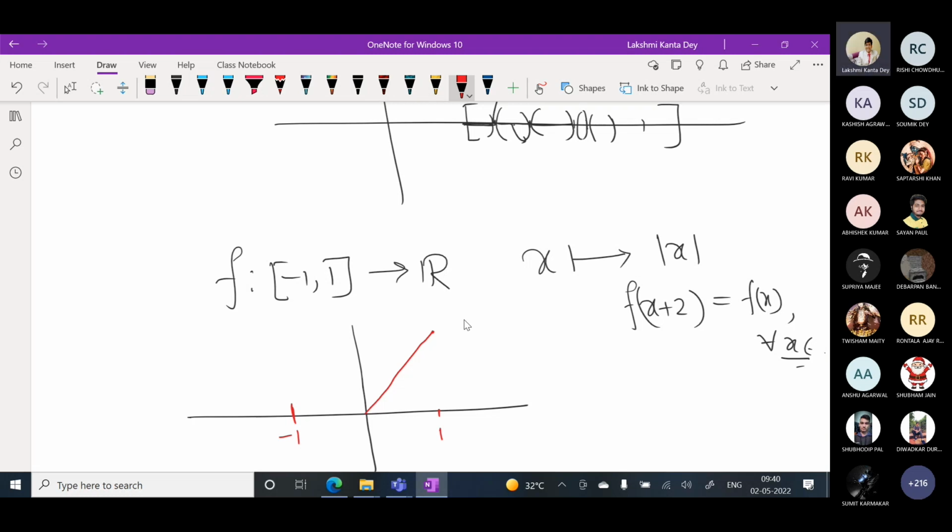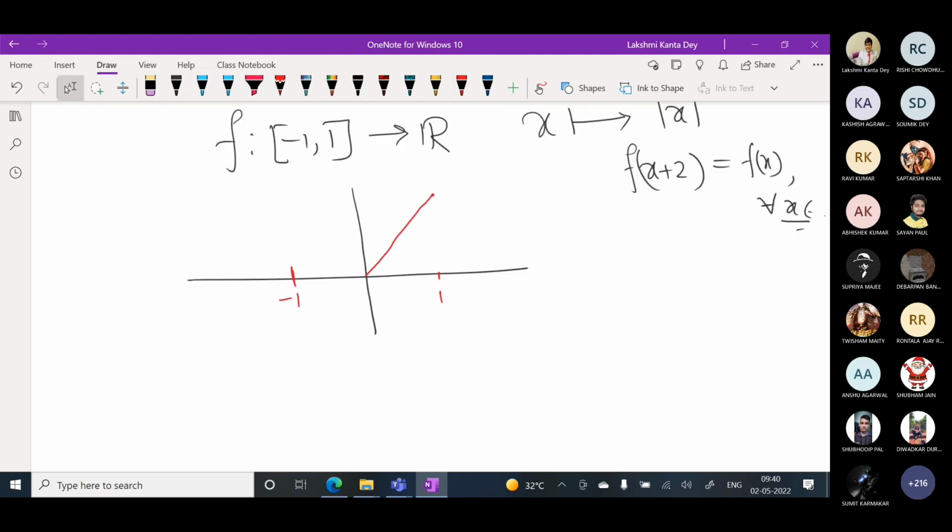What is the curve of minus x? At x equal to -1, it will be 1. Understand? So it will again go this way. So this is like a wave, and this is like a triangle. That is why it is a triangular wave.